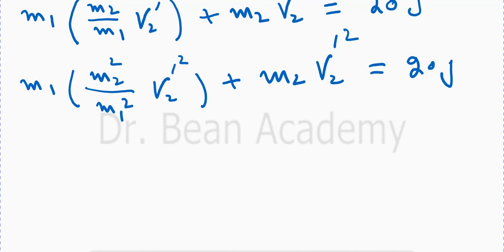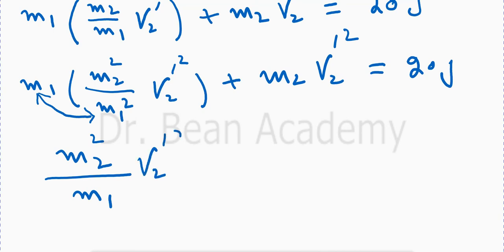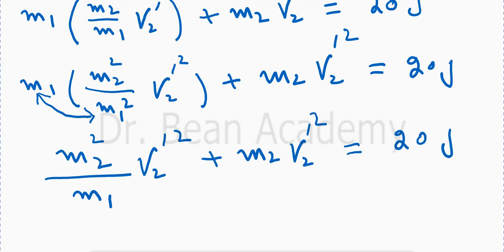Now this m1 will cancel out with the outside m1, so I can write it as m2 squared over m1. Just remember, it is now not squared because one m1 is cancelled with the outside m1. v2 prime squared plus m2 v2 prime squared equals 20 joules.